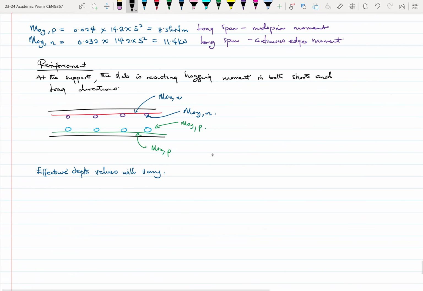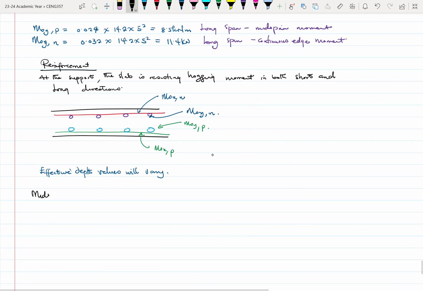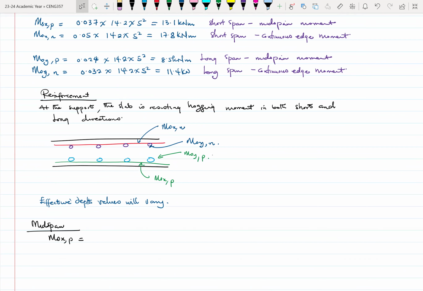Let's look at the mid span. For the mid span, our MSXP was giving us 13.1 kilonewton meter. All right.